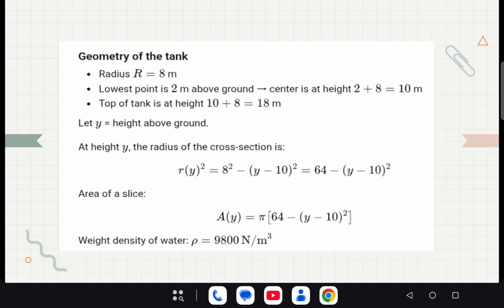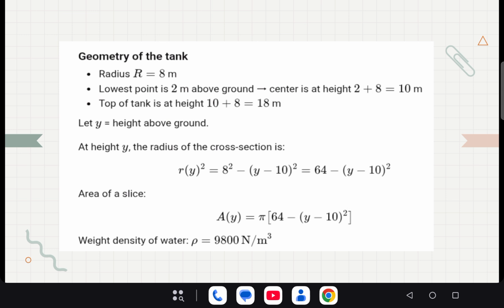At height y, the radius squared of the cross section is r squared, which is 8 squared minus the quantity y minus 10 squared, equal to 64 minus the quantity y minus 10 squared.